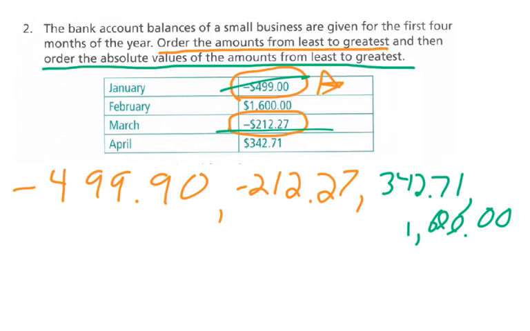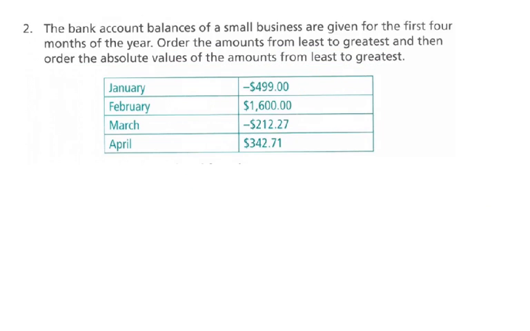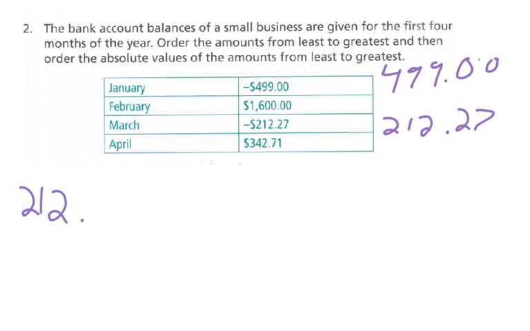But let's put the absolute values in order. So a negative $4.99 is going to be a positive $499.90. And this one would be $212.27. So now we have to put these in order. Which one's the smallest? This $212.27.